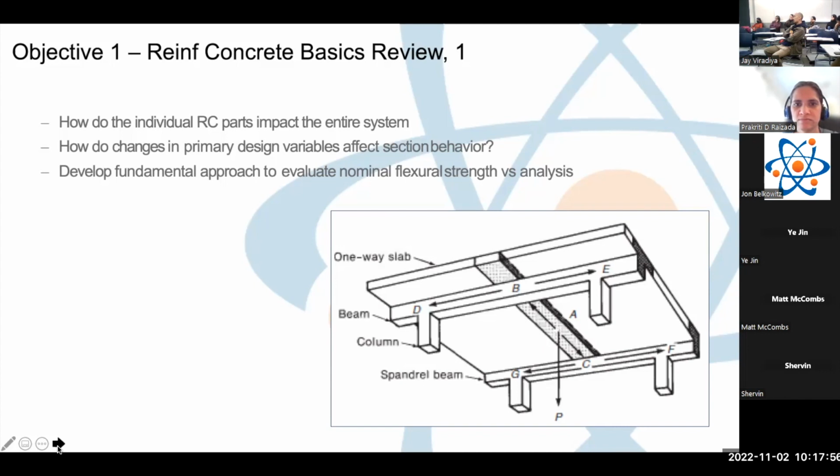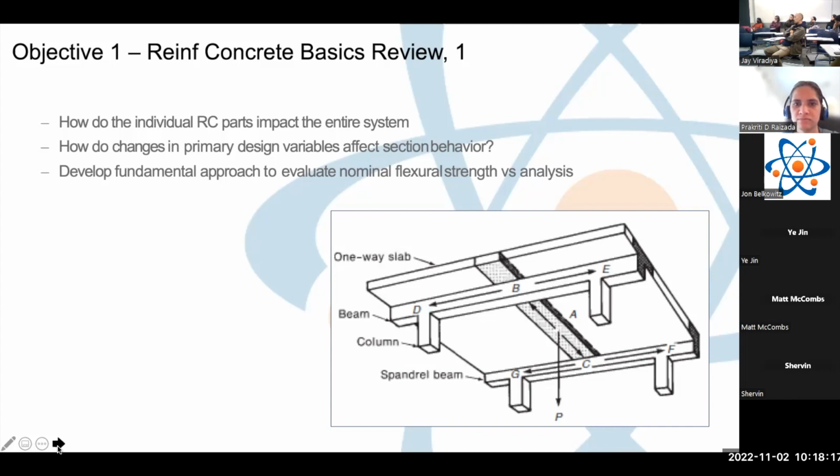The load is then transferred through tributary area to our beams, and the beams transfer that to our columns. So we're going to block off our beam and just look at our beam, making an assumption that the load carried by that beam is per linear foot or linear meter of our tributary area.